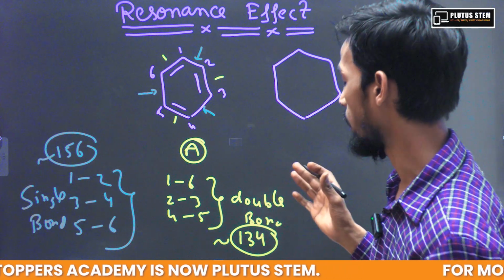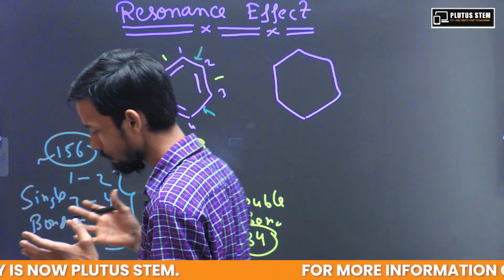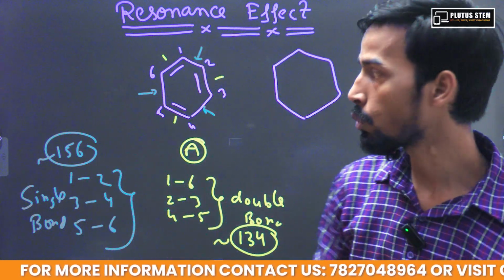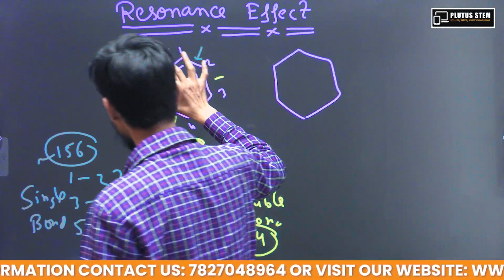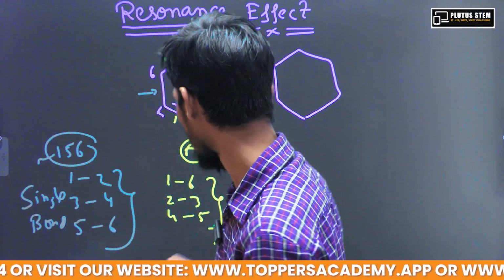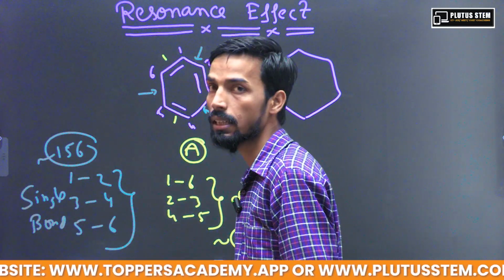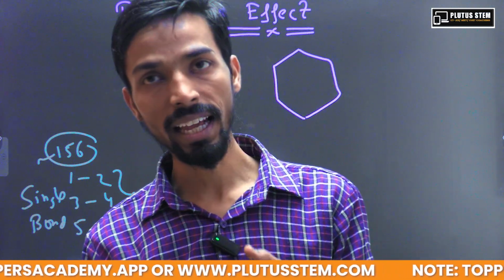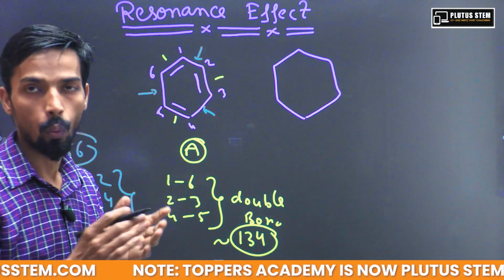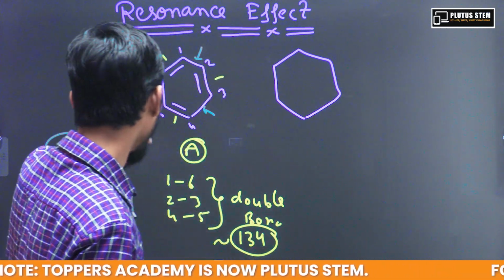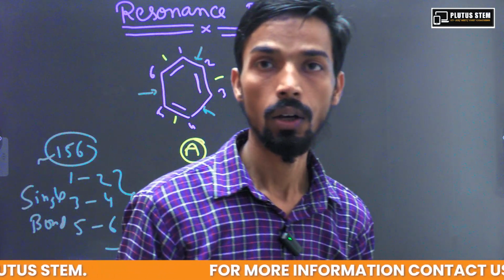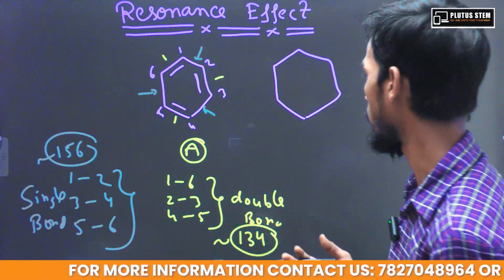But as studied by newer techniques like X-ray diffraction, we came to know that this benzene ring has neither 134 nor 156. The bond length of the benzene ring is in between these two values, and all these bonds have the same bond length. So why is this happening?